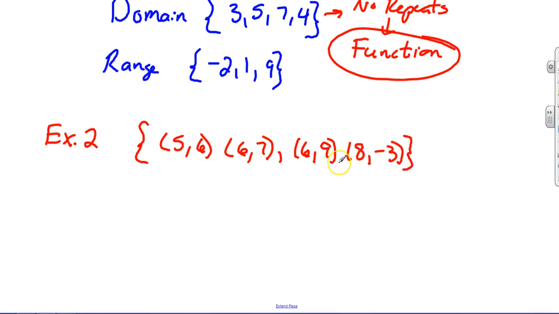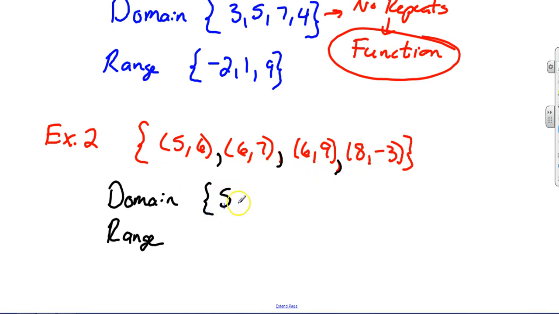Okay, so here's example 2. And same thing, we'll stick with 4 ordered pairs here. Okay, so domain, you've got 5, 6, and 8.